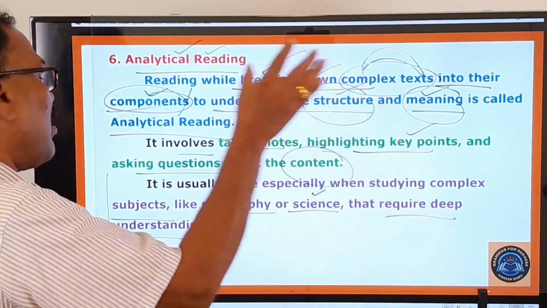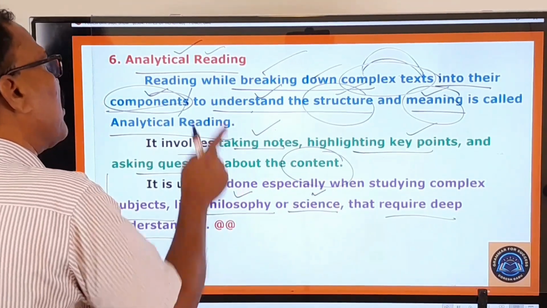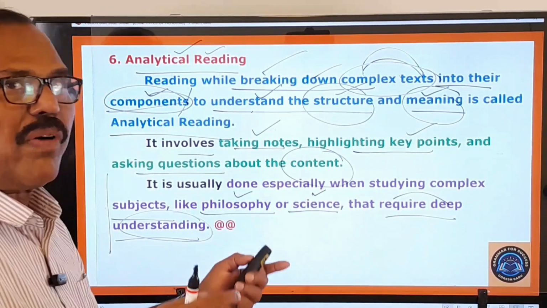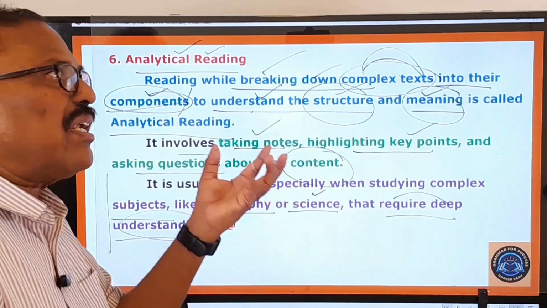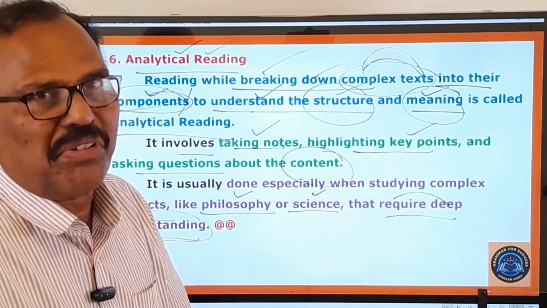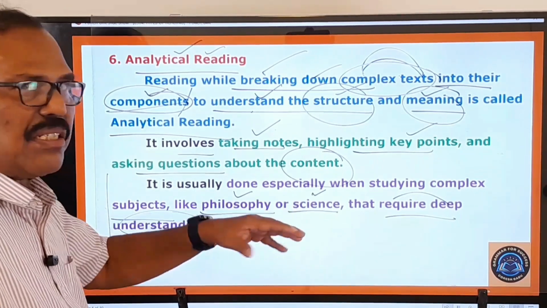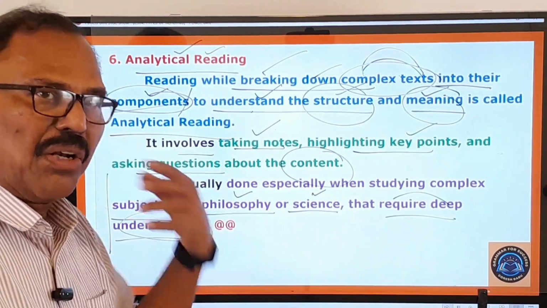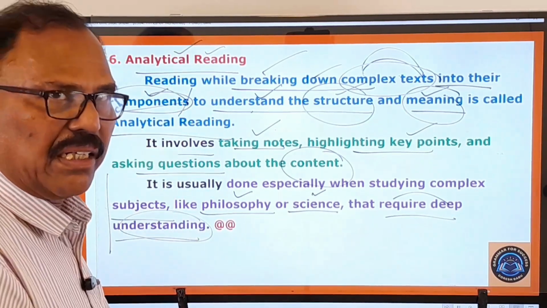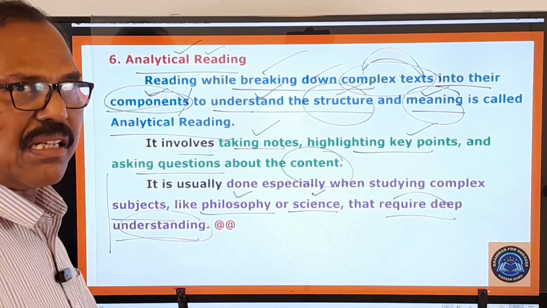So in order to understand those tough subjects, we go for this kind of analytical reading, because these subjects require deep understanding. Without understanding the subject properly, you cannot do anything. You cannot move forward. So in order to understand philosophy, science very deeply, very thoroughly, we have to therefore go for this analytical reading. Okay, that is there. And now let's move on to the other kinds of reading.